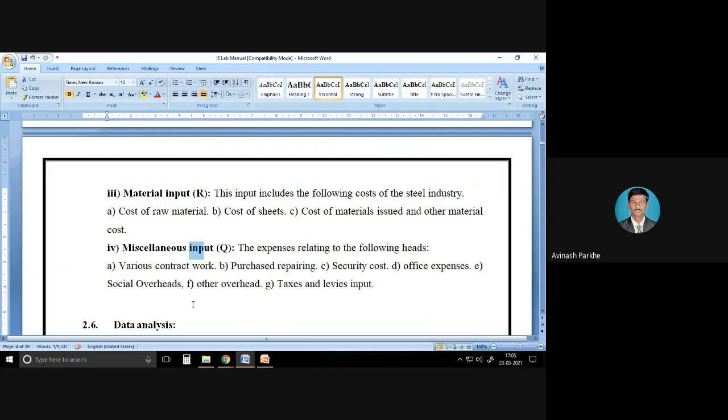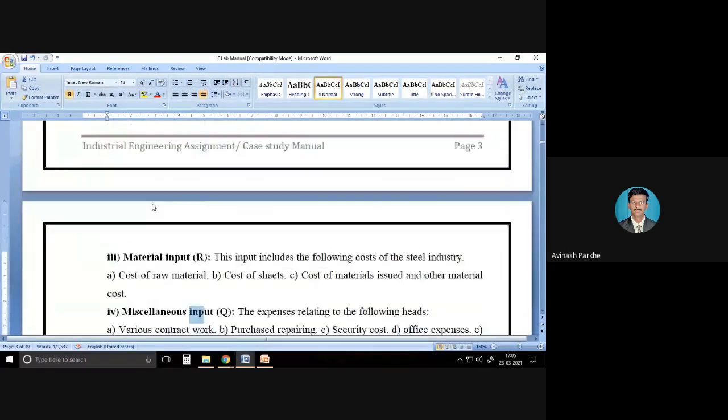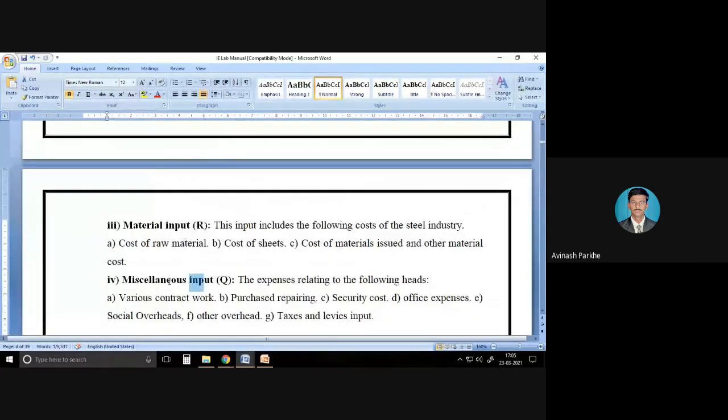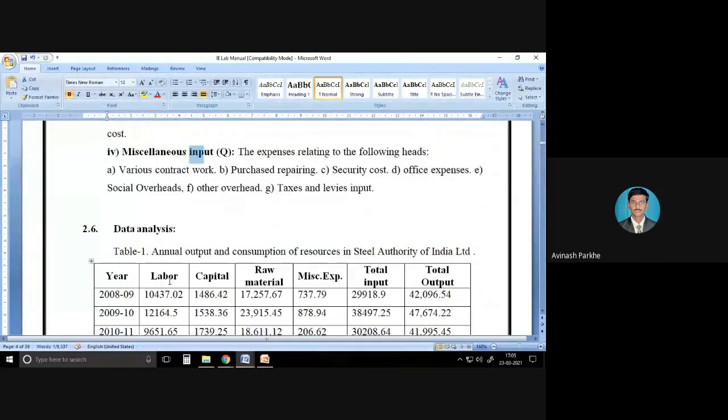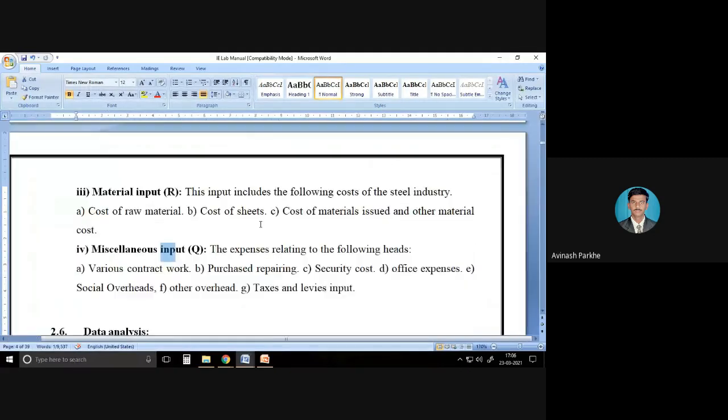So all other parts we are considering under the miscellaneous inputs. So there are so many inputs: labor input is the 1, capital is the 2, material is the 3, miscellaneous is the 4. So these are the input parameters, and this is the data I have represented in front of you.